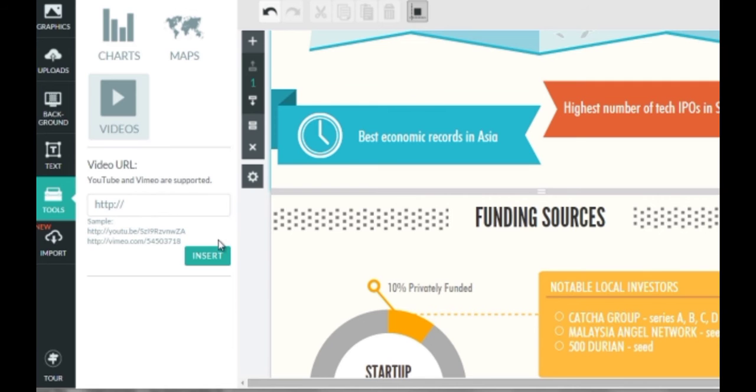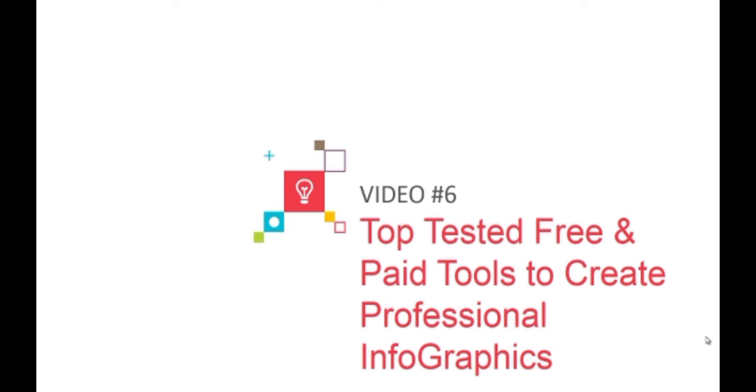So in video number 6, we're going to talk about the top tested free and paid tools to create professional infographics. So that way we give you different options, different avenues that you can take, and you can try them out, or you can utilize the recommended tool that we are going to use, which is Piktochart, in video number 7.